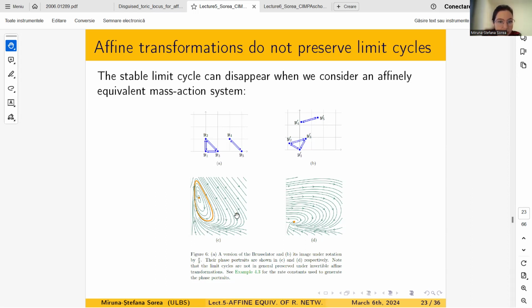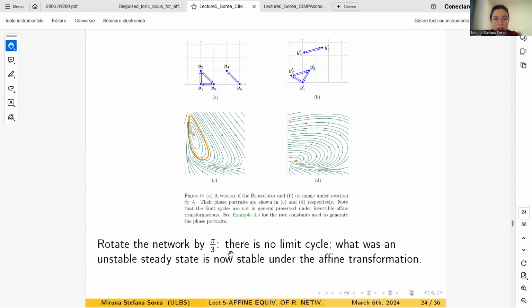You see here in the phase portrait, once we fixed some rate constants. But if you rotate it, the limit cycle disappears. Actually, that's what I said here. Once you rotate, there is no limit cycle, so that's a counterexample. Moreover, one can also prove that if before we had an unstable steady state, it became stable.